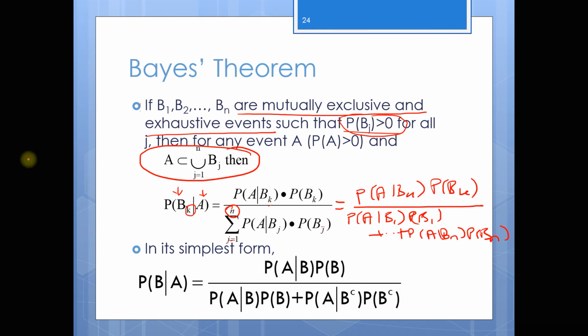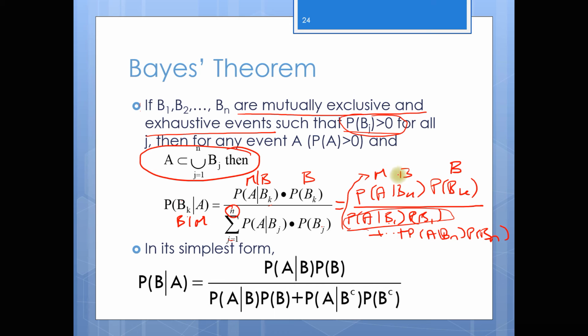The formula states that the probability of BK given A, which is B given M, is equal to the probability of M given B times the probability of B, over the same thing: the probability of M given B times the probability of B, plus this part, which is the same thing.